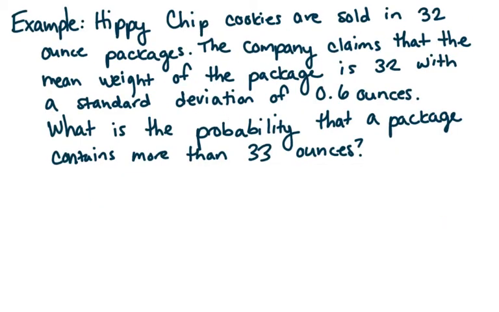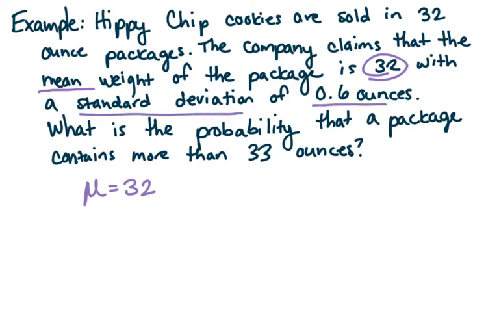Let's look at an example where we would be using the Z formula. It says Hippie Chip cookies are sold in 32-ounce packages. The company claims that the mean weight of the package is 32. I'm going to stop right there and make little notes for myself. My mean weight is 32 with a standard deviation of 0.6 ounces, so my sigma is 0.6 ounces.